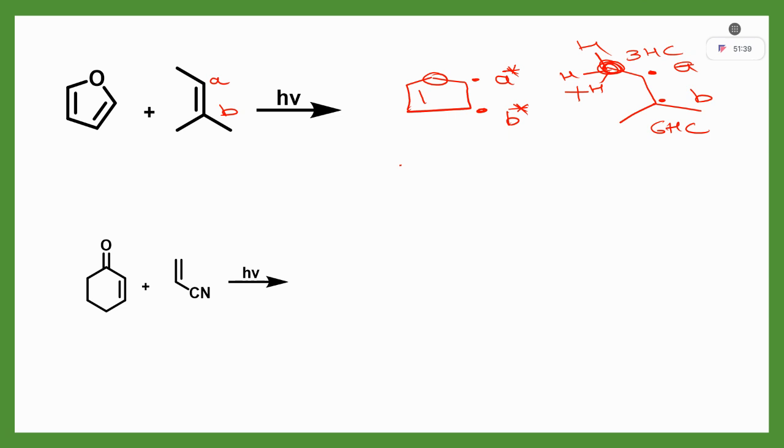So they will be stabilized by your inductive effect. Inductive effect should be plus I. They will be stabilized by hyperconjugation. Moreover, they will be stabilized by resonance. Right? Among A star and B star, Prashant, which radical can be stabilized by resonance? Let me repeat the question for you. Among A star and B star radical, which radical can be stabilized by resonance?